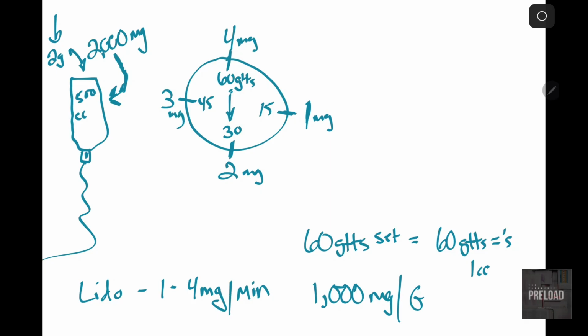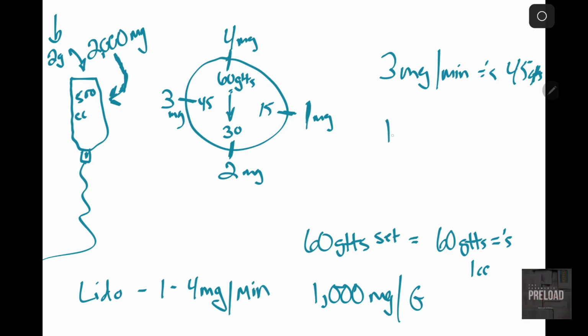So with my lidocaine drip, I want to give 3 milligrams per minute for my maintenance dose. Cool. 3 milligrams per minute equals 45 drops. I want to give 1.